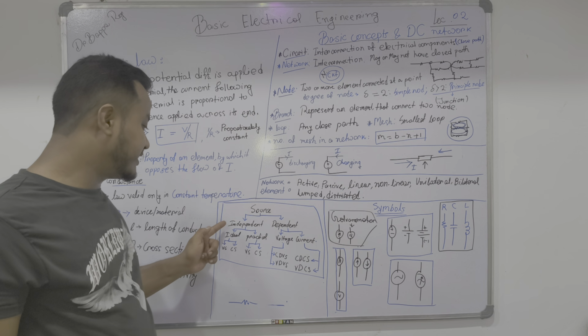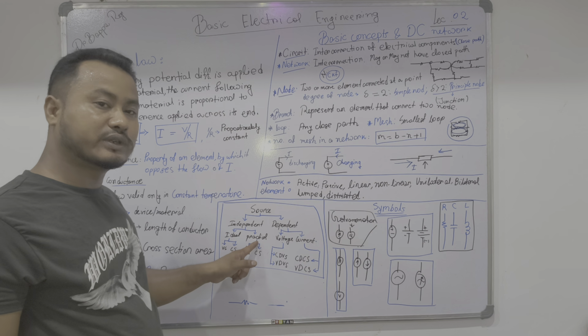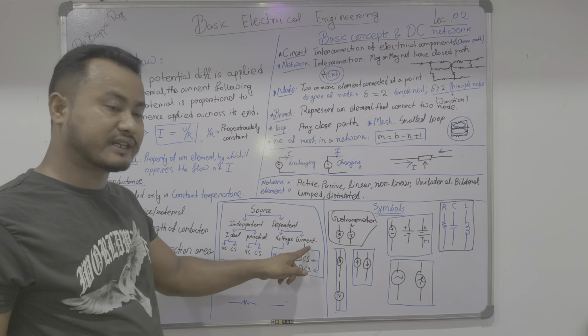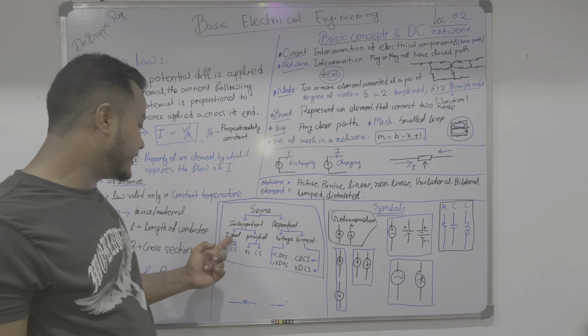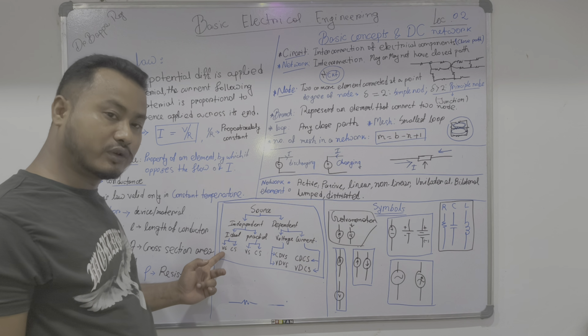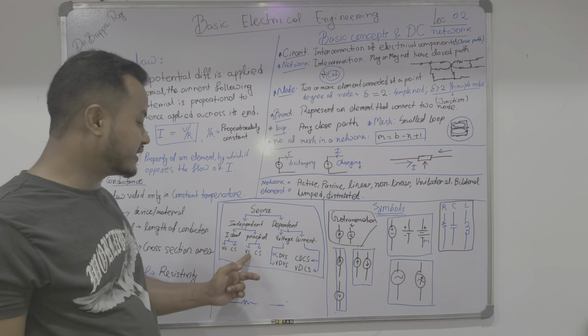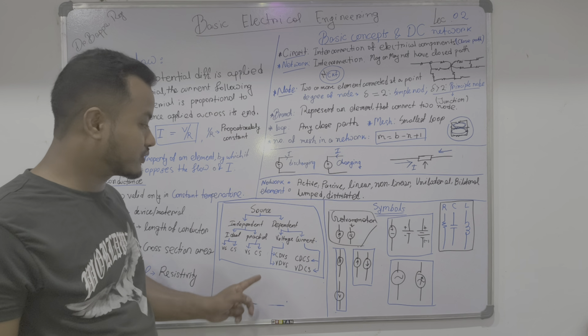In independent sources we have ideal source and practical source. In dependent sources we have voltage source and current source. In ideal sources we have voltage source and current source, and in practical independent sources also we have voltage source and current source.